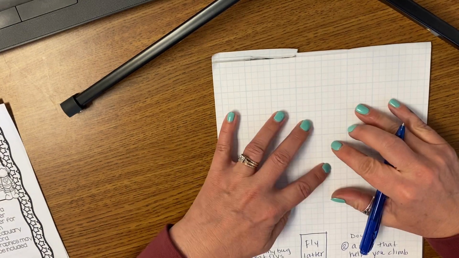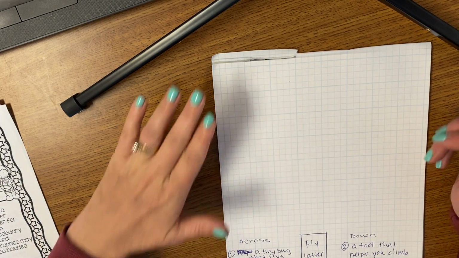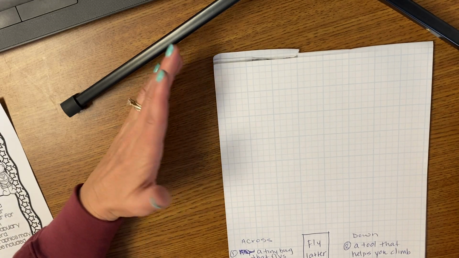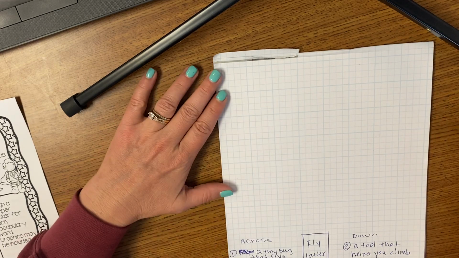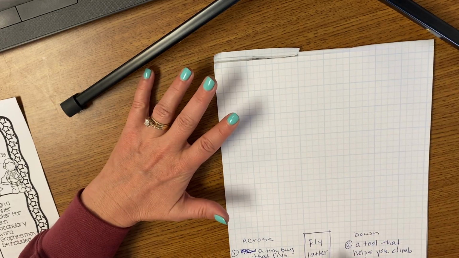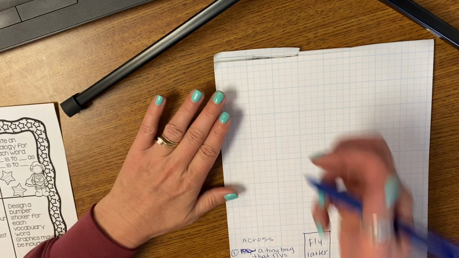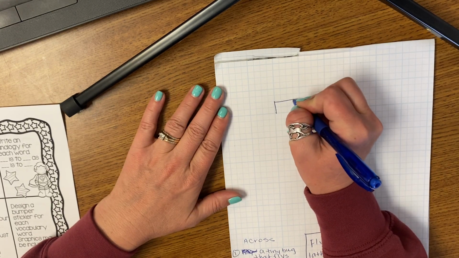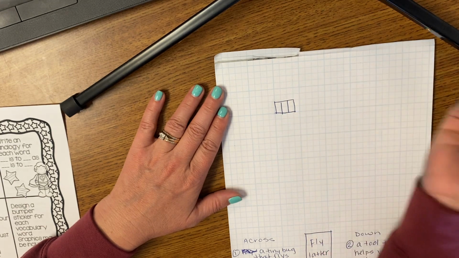And then for the crossword, you have to make the words match up, like the letters match up. So I would do this in pencil, and you might have to erase and move things around. And you're using your vocabulary words for the week, okay? So if I had fly, I have 3 squares, okay?